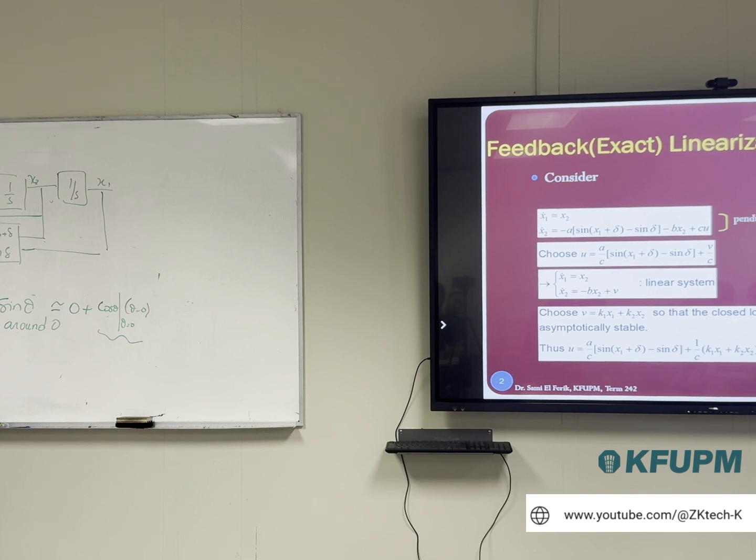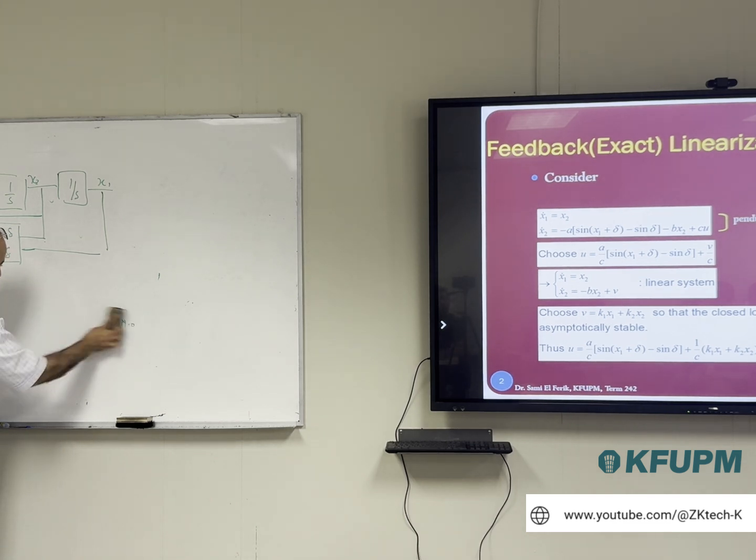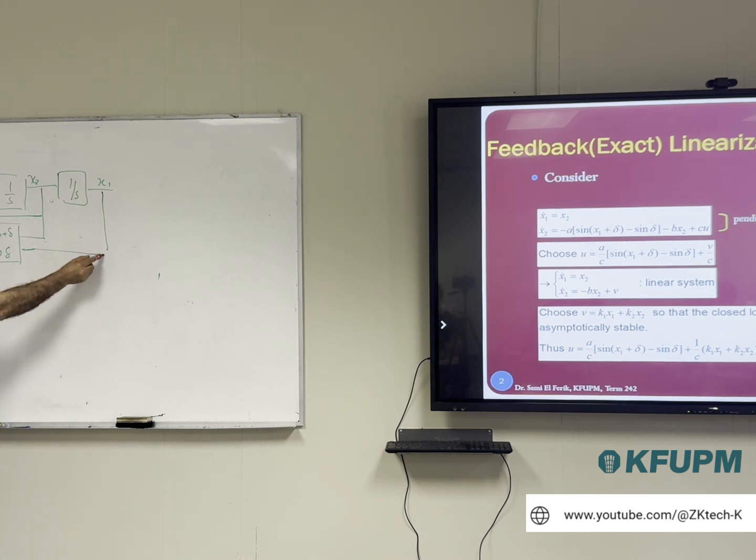I can create a parallel block, a copy of this, right? So it will be sine of x1 plus delta minus sine of delta, multiplied by A, and then I bring it here as plus.